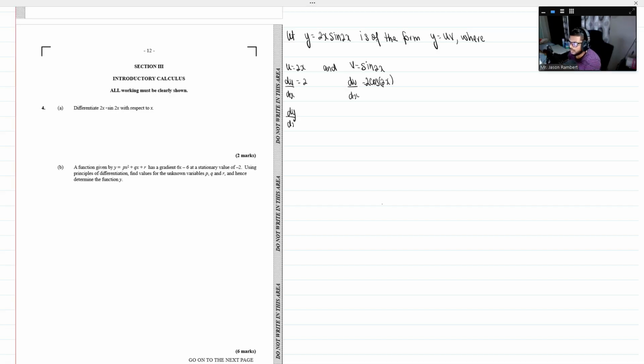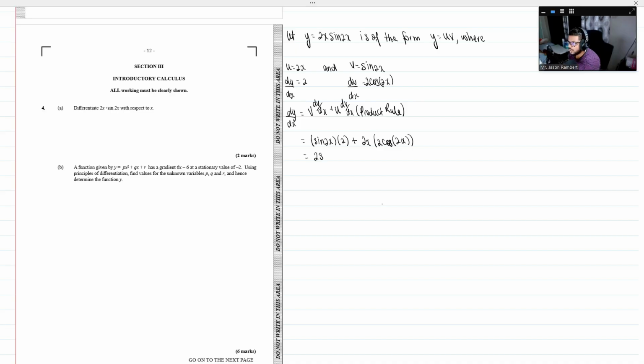dy dx is equal to v du dx plus u dv dx. And this is my product rule. V, which is sine 2x, times du dx, which is 2, plus u, which is 2x, times 2 cosine 2x.